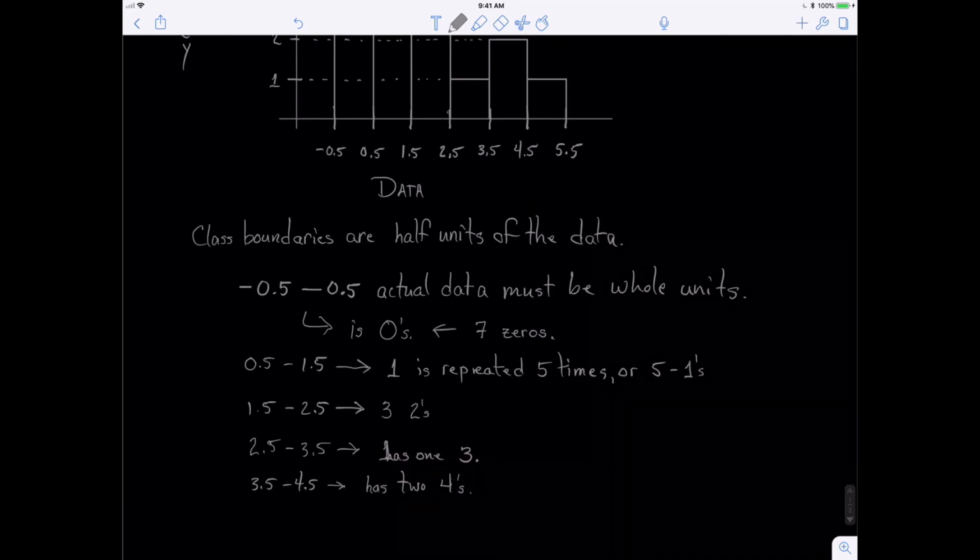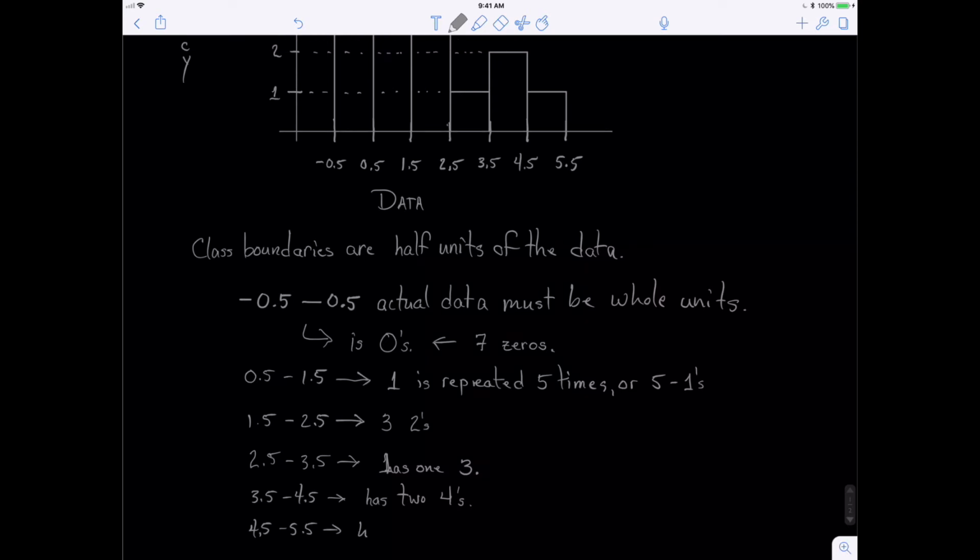And finally, our rightmost class is 4.5 to 5.5. That has 1, and the only whole number between 4.5 and 5.5 is 5.